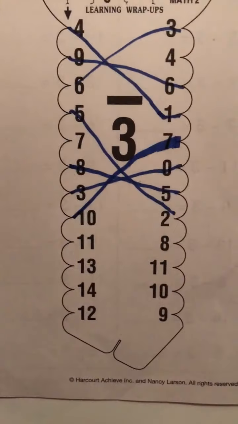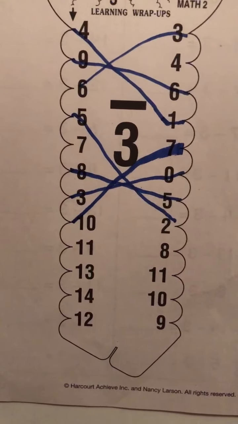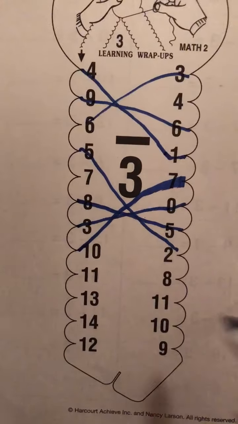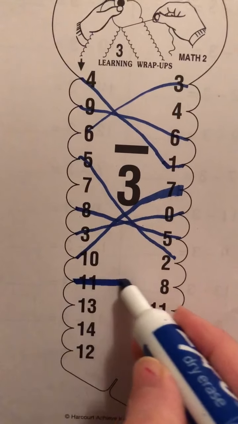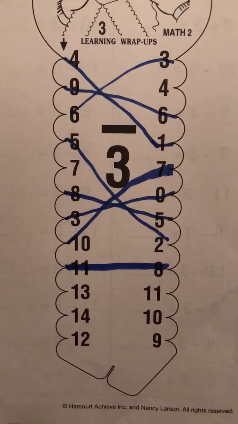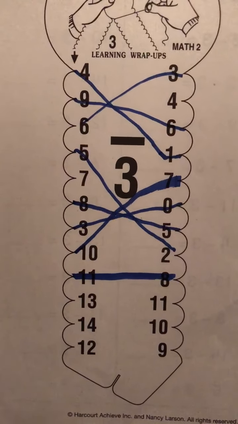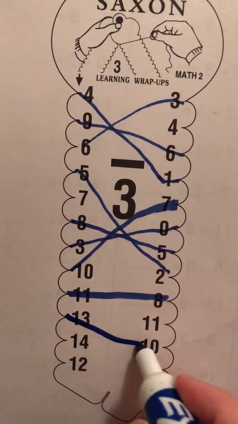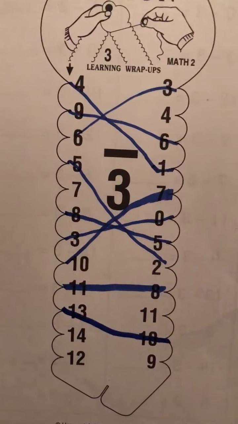Okay, let's do these at the bottom. 11 minus 3 equals 8, straight across, because 8 plus 3 is 11. 13 minus 3 equals 10. Nice even number there, because 10 plus 3 equals 13.